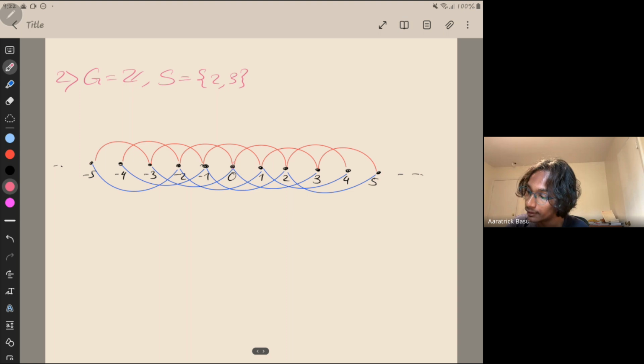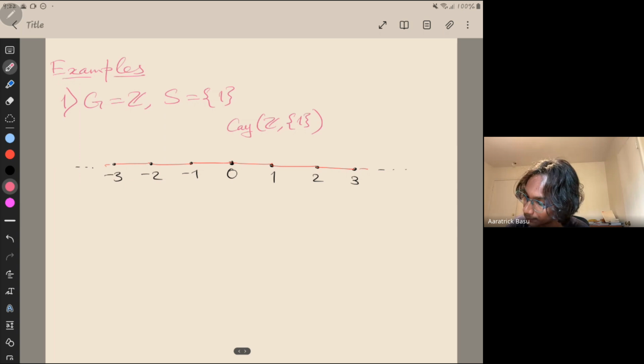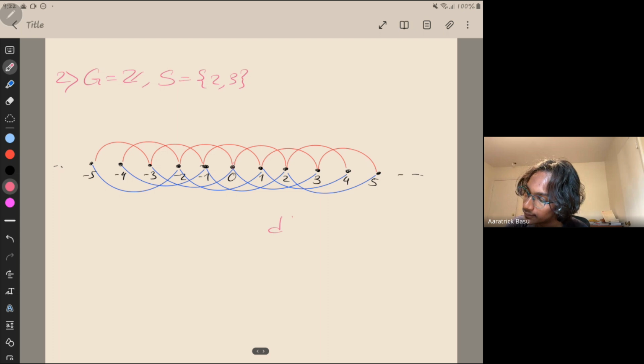But here you have to go like this. I won't be precise about this, but what I'm saying is that the distance between 0 and 5 in that graph is 5 units. And the distance between 0 and 5 in this graph is now 2 units, because I can do it in 2 steps, right? First I go to 2 and then I go to 5. So the distance is changing.